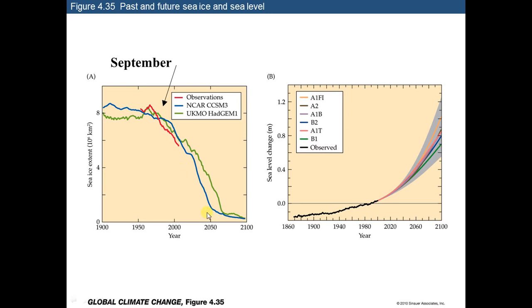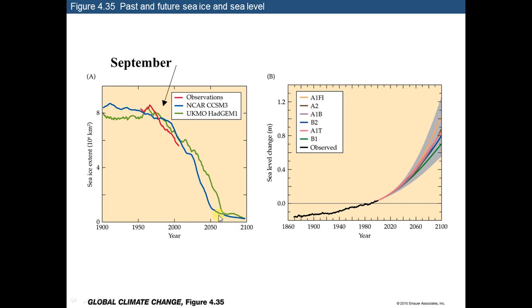So the climate models show September Arctic sea ice extent dropping down to around 1 million square kilometers in 2050, according to the NCAR CCSM3 model, and in about 2070, according to the UKMO HadGEM1 model. And then you notice once it's down to less than 1 million square kilometers of ice in the Arctic in September, the rate of melting decreases because it's hard to completely melt the ice, it turns out.